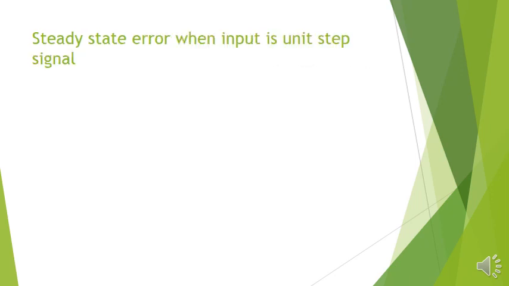Now, steady state error when input is unit step signal. Here, based on the input, what happens to the steady state error? Now we know that steady state error ESS is equal to limit as s tends to 0, s R of s divided by 1 plus G of s, H of s.